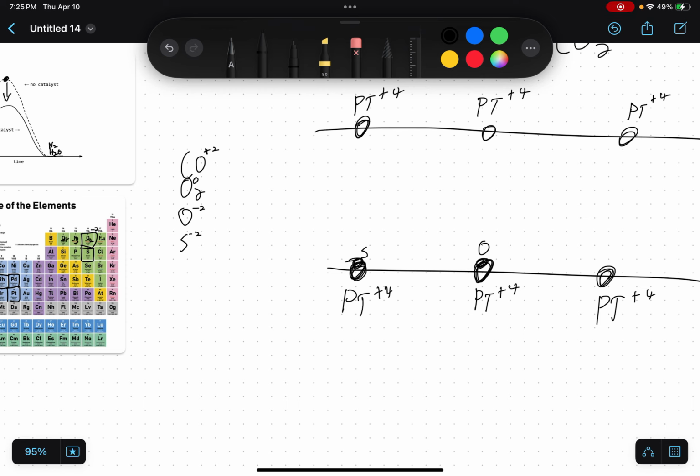The CO will come by, hit this, it won't get it because it doesn't need it, and it'll come over here, get the oxygen, and then leave. But nothing will get the S. The CO won't get it, this oxygen won't get it, another sulfur won't get it. Maybe it will, I don't know. But the idea is that it won't. So that sulfur is just gonna stay there forever.